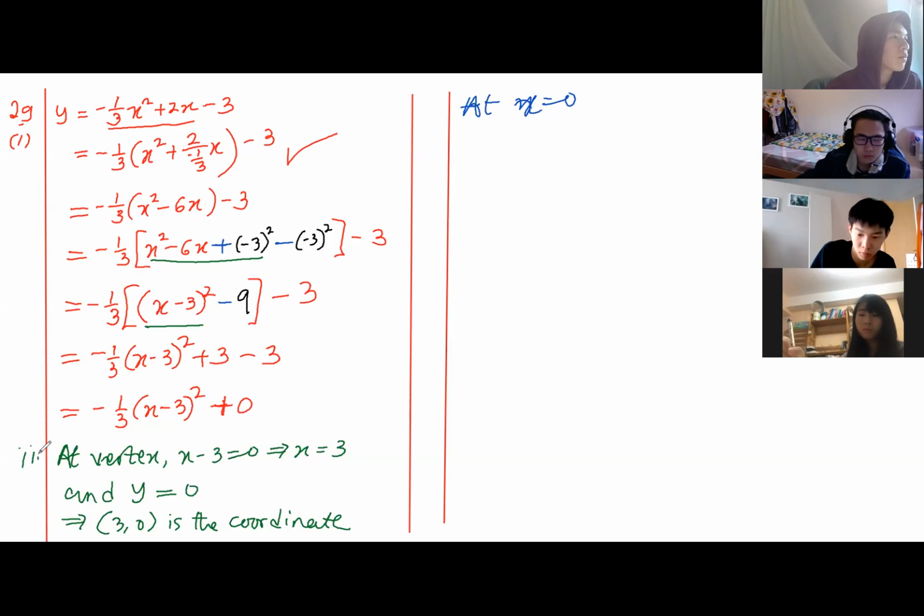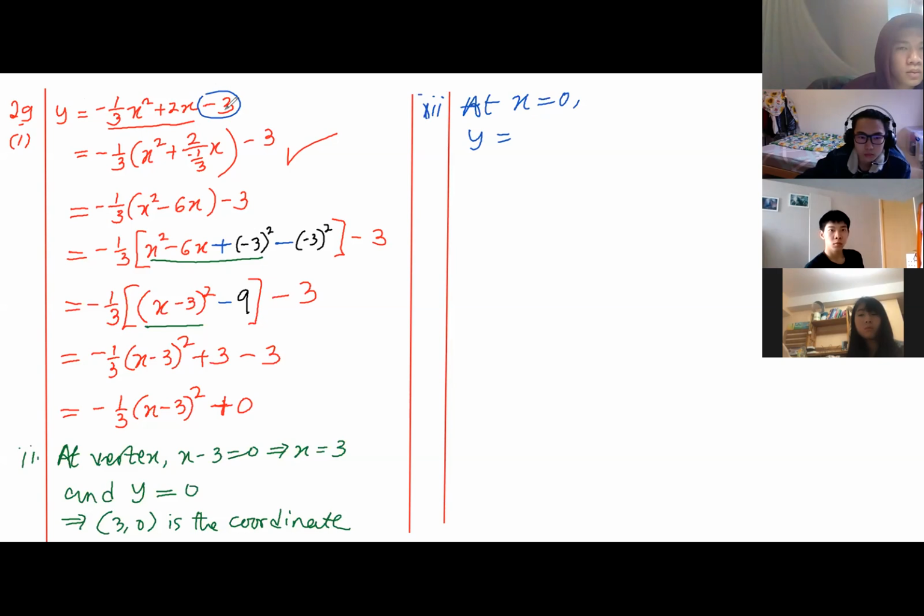The one we're about to do now is number 3. So at x is equal to 0, we can do it in 2 ways. Either you put it into the original one and just pick the last term, and you see, it's easier that way.